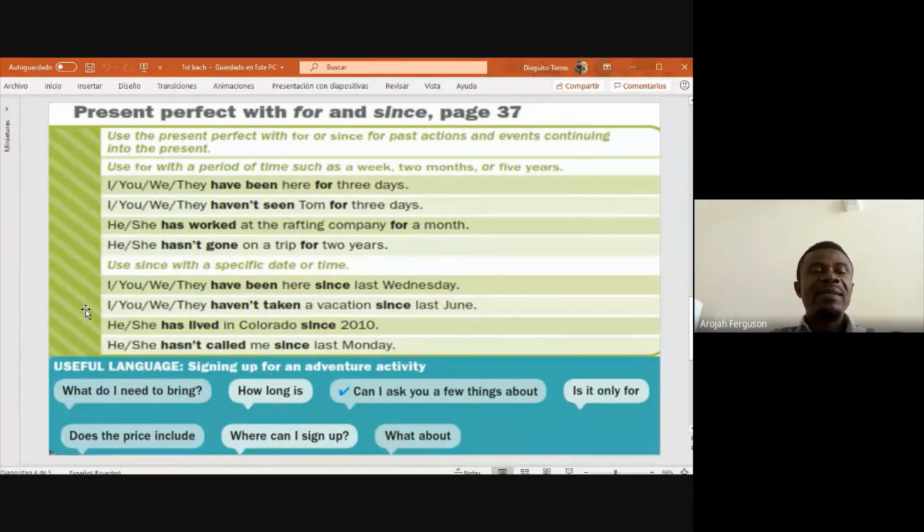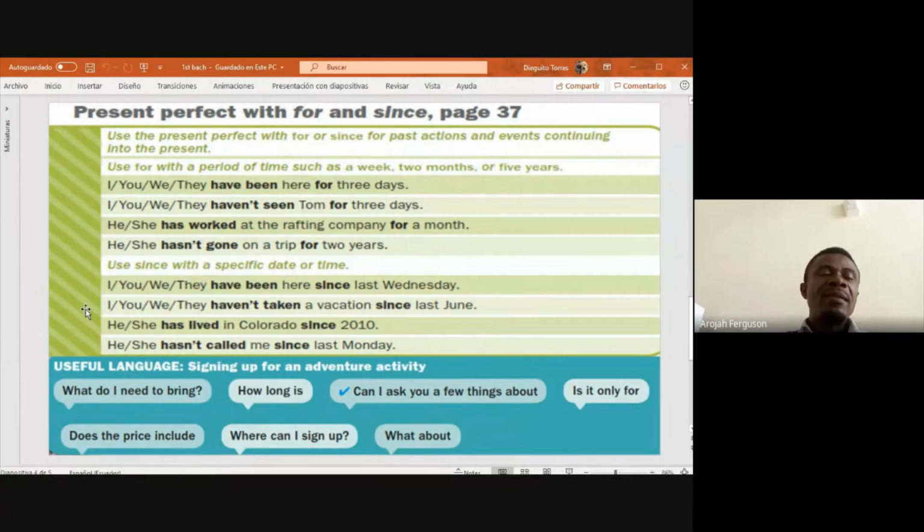These are all correct sentences with since. Then he, she: don't forget these take singular verbs. He has lived in Colorado since 2010. It's a specific time, a specific year. She has lived in Colorado since 2010.